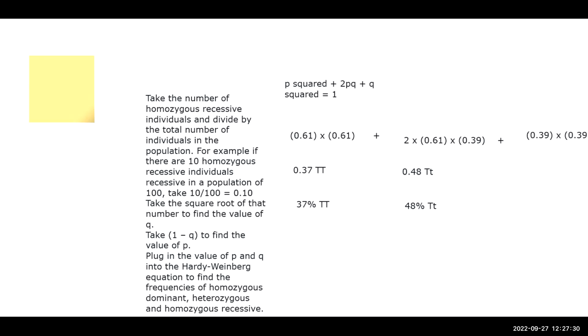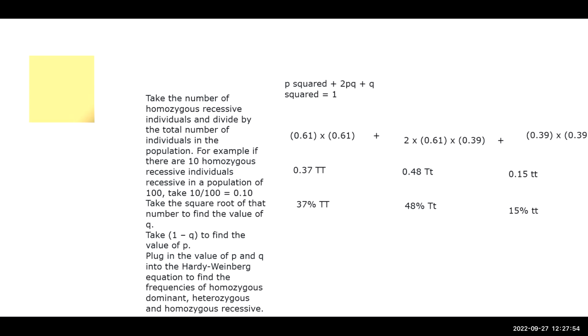Beautiful, 0.15. And that's representing which genotype? Homozygous recessive, beautiful. And then if we want to turn that into a percentage, what percentage would that be? 15%. So we know that 15% of our breeding population is homozygous recessive for tasting.